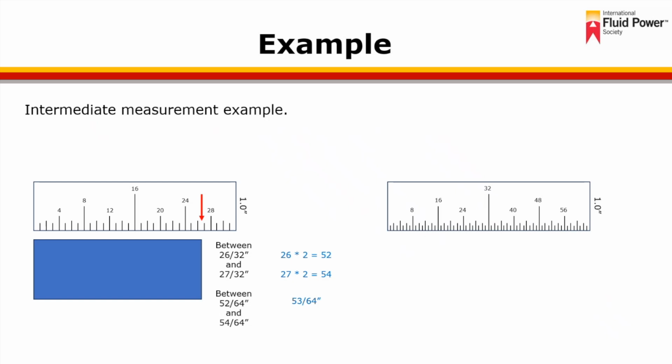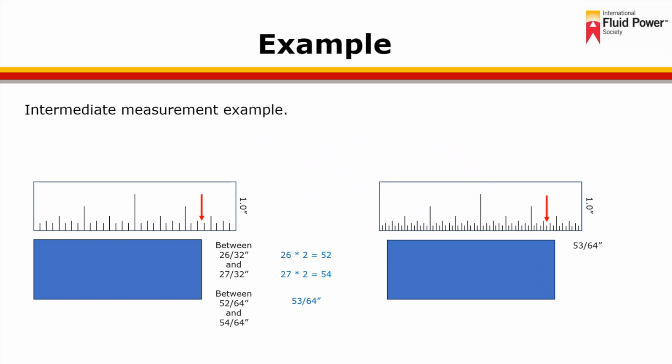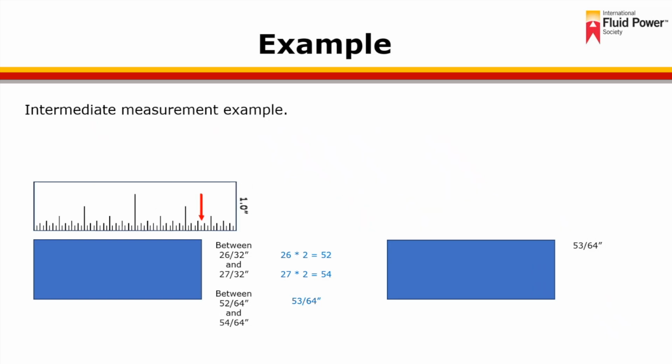So if we look at the same item using the 64th inch scale, we see that the item now lines up with the 53rd line, which would in fact be 53/64. If we then overlap the scales, you will see that the measurements are identical, with the 64th scale having each of the 32nd increments divided again in half, giving the 64th increment measurements.